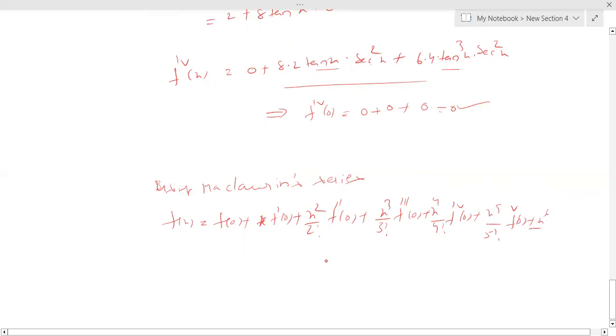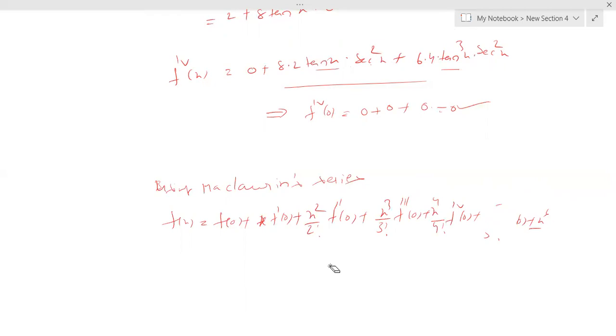We only have up to the fourth derivative, so no need to write down everything. After the fourth derivative, you just simply put dash dash dash.